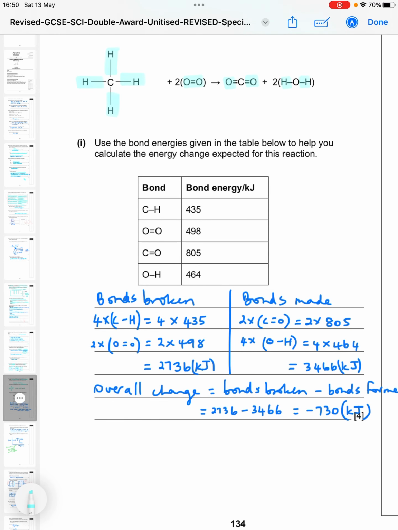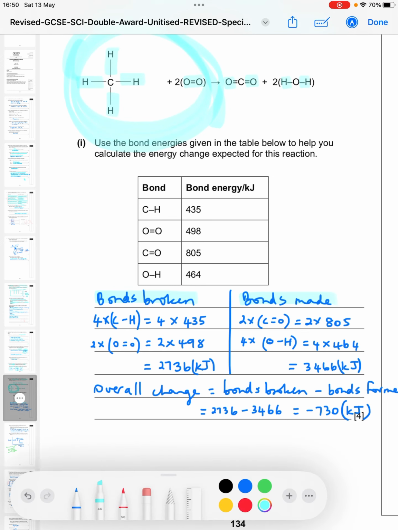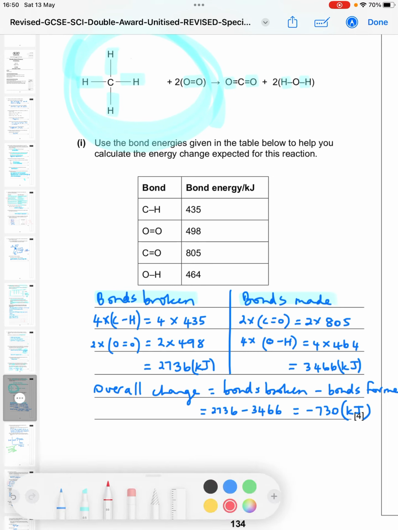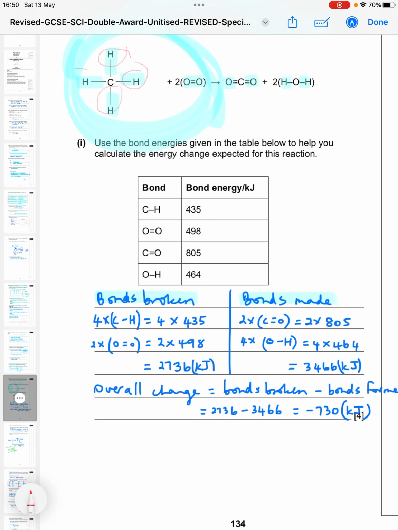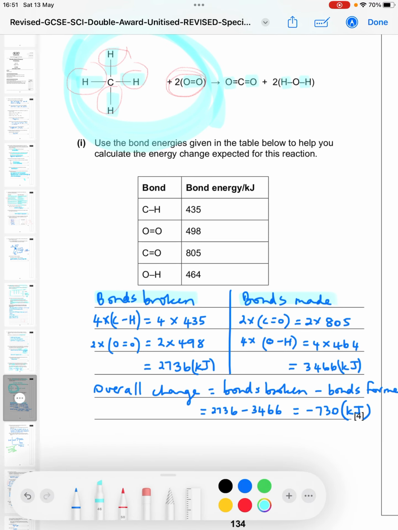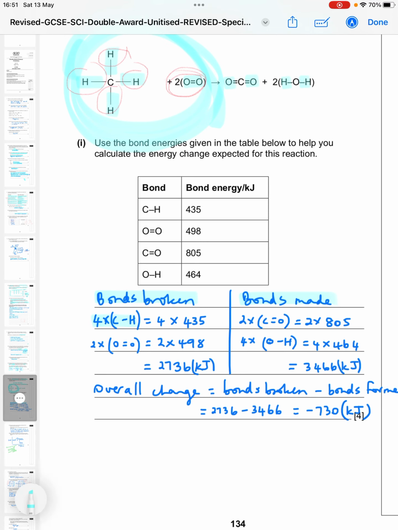So use the bond energies given in the table below to help you calculate the energy change expected for this reaction. So what we have to do first of all is work out the energy needed to break the bonds, and then the energy given out when the bonds are made. So looking at everything on this side, that's the bonds that we have to break. So we've got 4 of these carbon to hydrogen bonds, and then 2 of the oxygen to oxygen bonds.